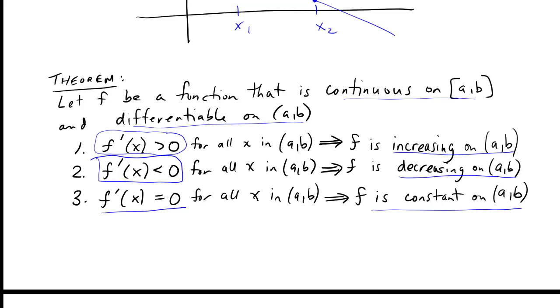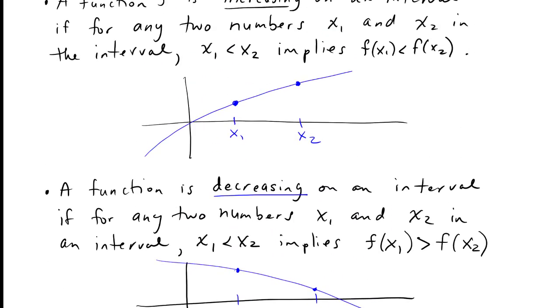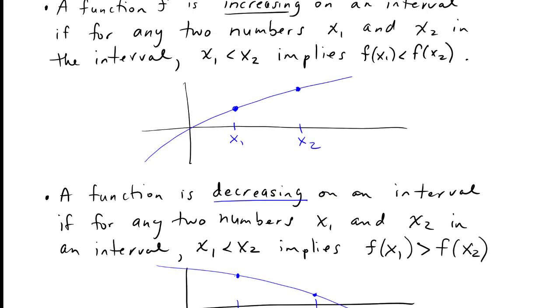Now this makes sense because remember the derivative is telling the rate of change. If the rate of change is positive, then the function should be increasing. If it's negative, then it should be decreasing. And if it's 0, then it shouldn't be changing at all and hence be constant. And if we go back up here, what are we really saying?